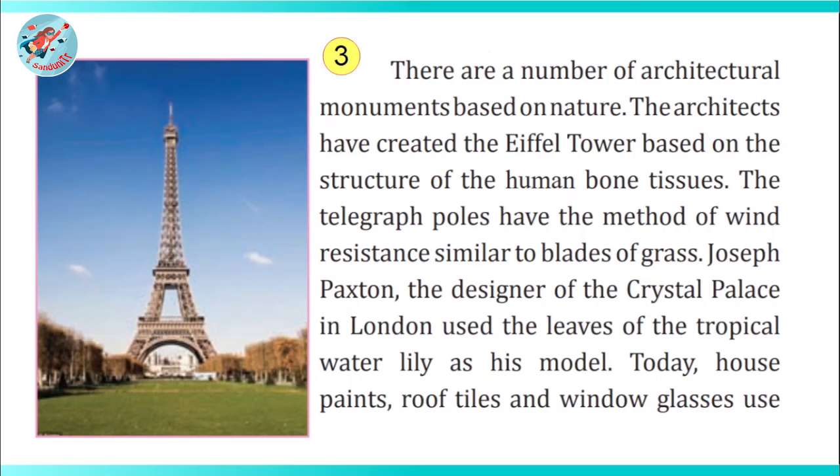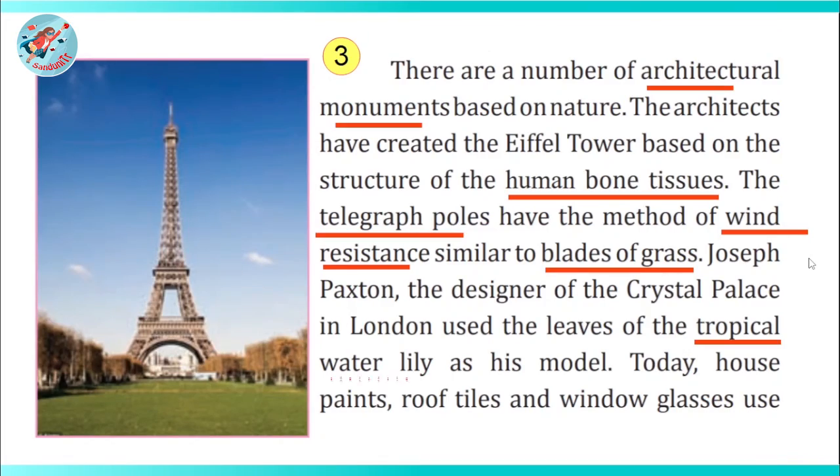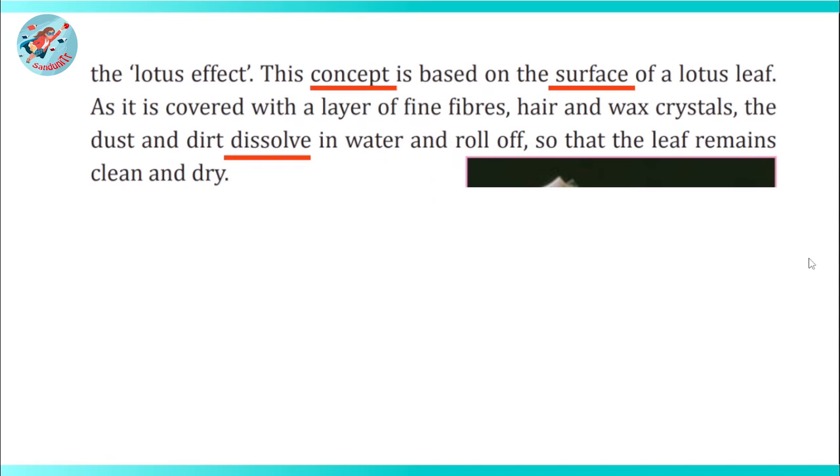Joseph Paxton, the designer of the Crystal Palace in London, used the leaves of the tropical water lily as his model. Today, house paints, roof tiles, and window glasses use the lotus effect.